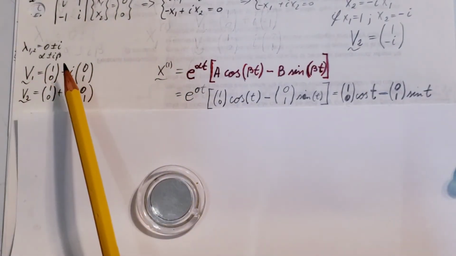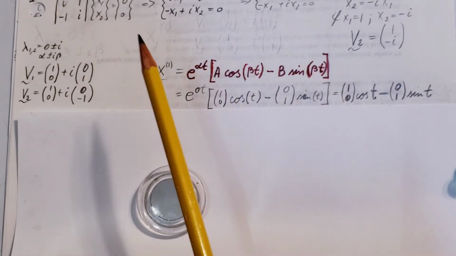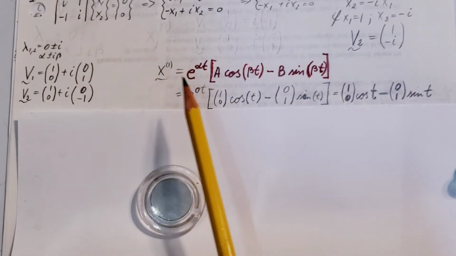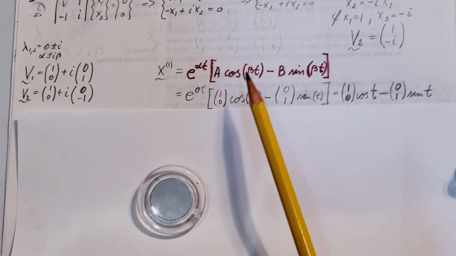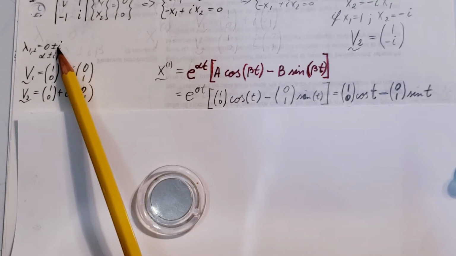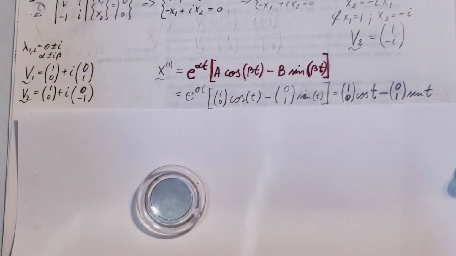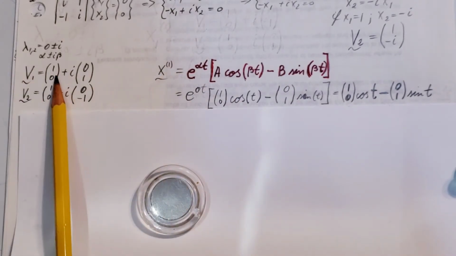By doing this, I was able to use this formula and simply write up my first solution, plug in alpha, which is 0, beta will be simply 1, there's a 1 next to the i, and the A and the B will be these two.